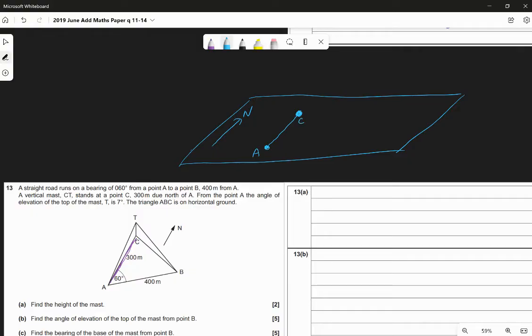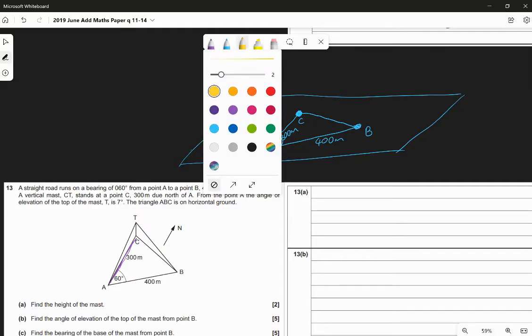And that's 300 meters away. And then B is 60 degrees over here, and 400 meters. That's 60 degrees, and that's B. So A, B, and C are all on horizontal ground. Okay, and then T, I'm going to use a different color for T. T is up in the sky.